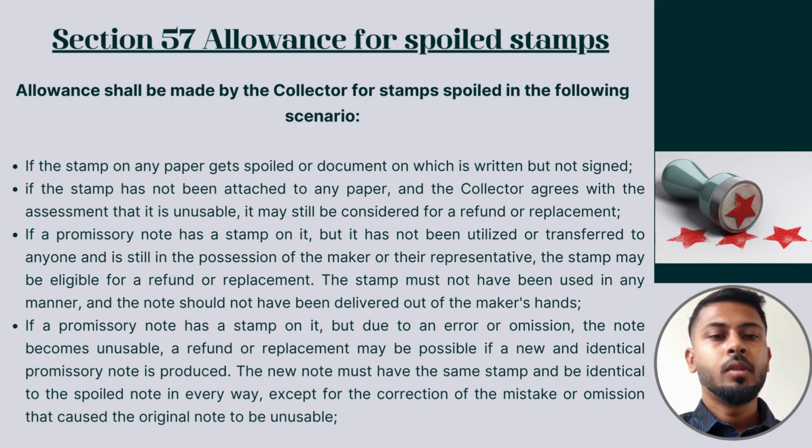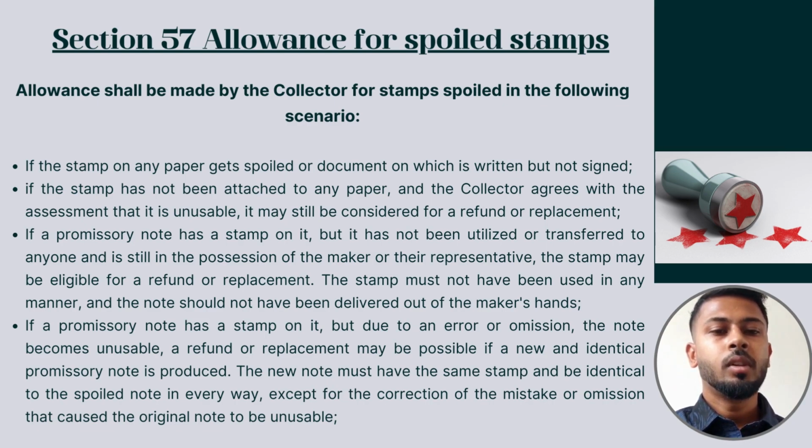Or if a promissory note has a stamp on it but it has not been utilized or transferred to anyone and is still in the possession of the maker, the stamp may be eligible for a refund or replacement. The stamp must not have been used in any manner and the note should not have been delivered out of the maker's hand.